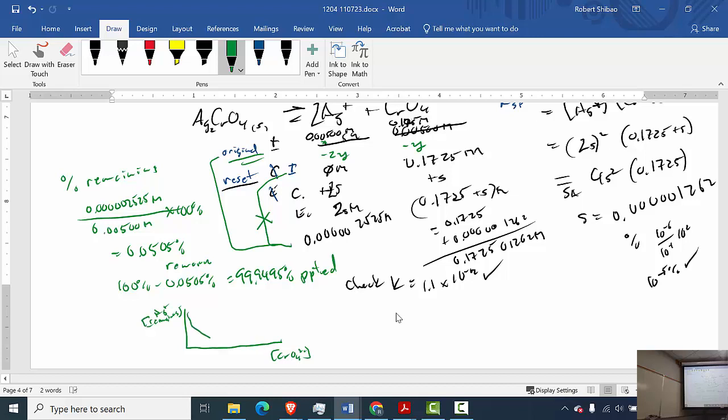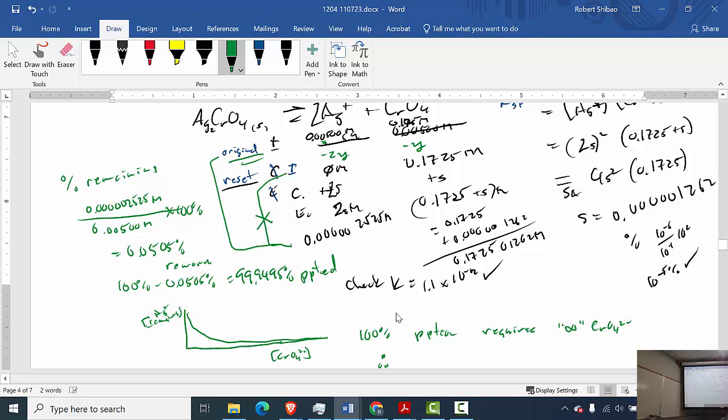It turns out we're going to have to add an infinite amount of chromate to make the silver ion concentration go to 0. When we have a 0 here, it doesn't add up. And so 100% precipitation requires infinite chromate. Well, infinite chromate's impossible.